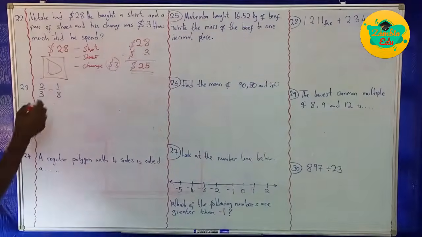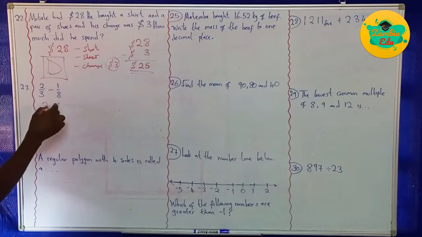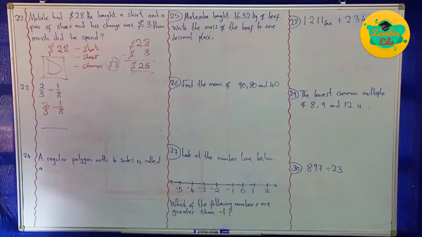Question 23. Subtract 2/3 minus 1/8. For us to be able to get the answer there, we do 2/3 minus 1/8. Common denominator. What's the common denominator of 3 and 8?